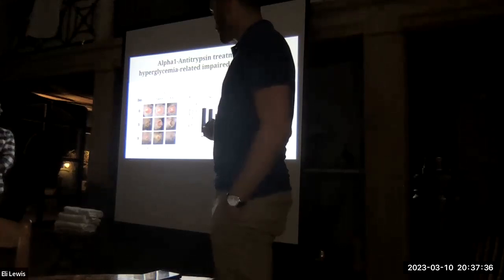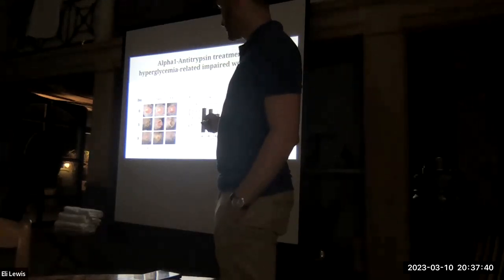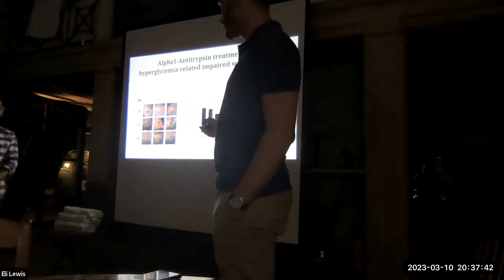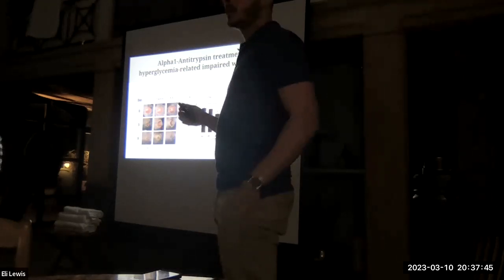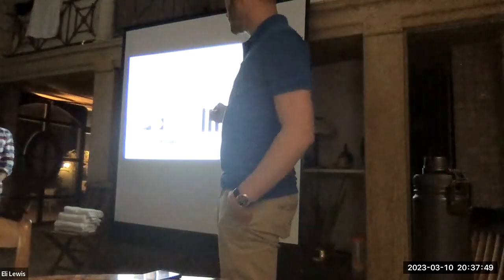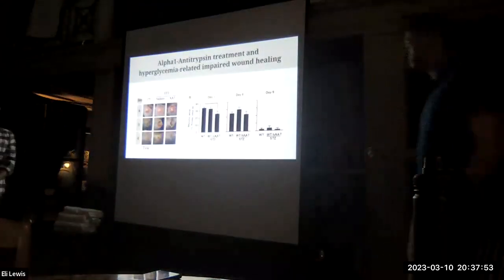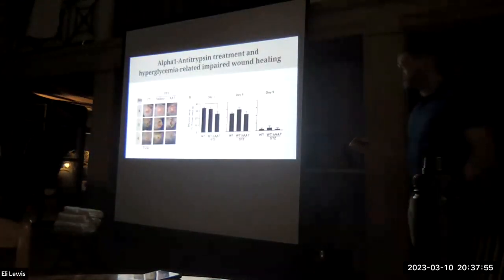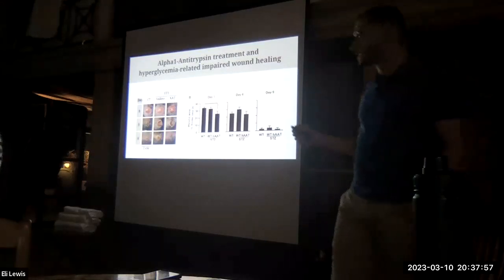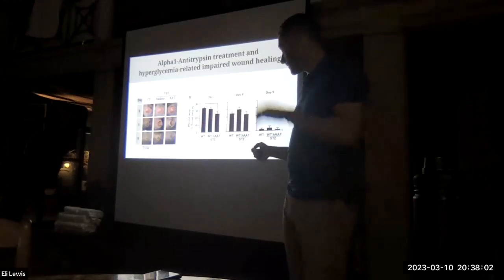We see that the group that received STZ and was treated only with saline, compared to the control group, had a bigger wound area. And when we gave the treatment with AAT, the wound area was significantly lower on the 3rd day, even compared to the control group. This is the result we see here.